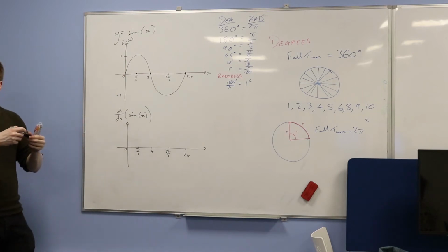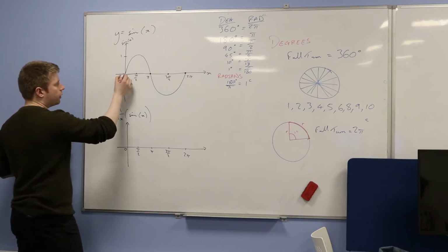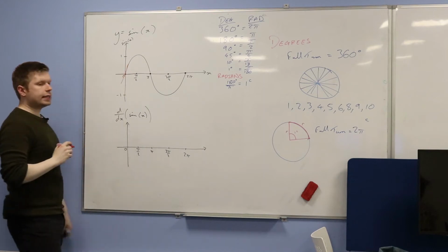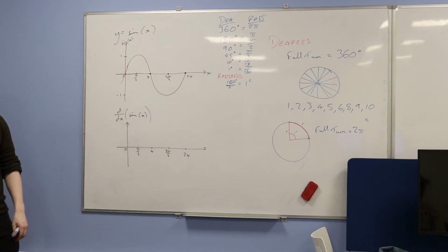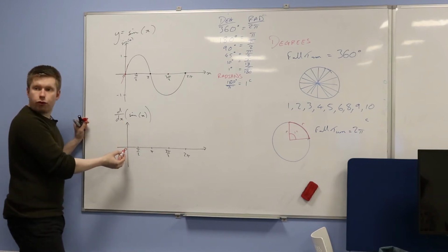What I'm now going to do is consider what my gradient is doing at each individual point. At this point here, are you happy that my gradient is at a maximum? Yep. So when I come down here, remember this is my gradient graph. Down here, my gradient should be a maximum.